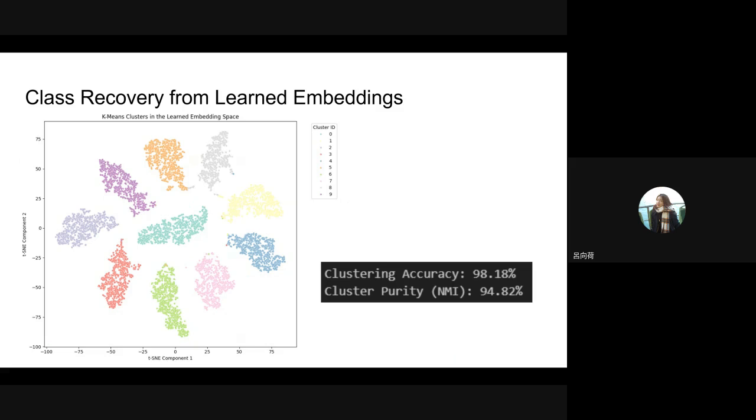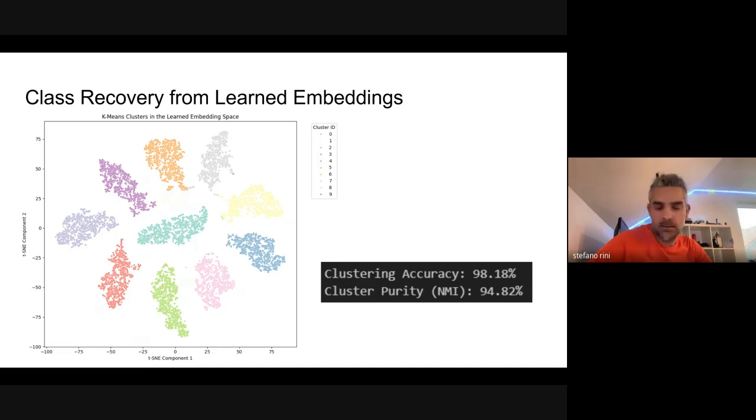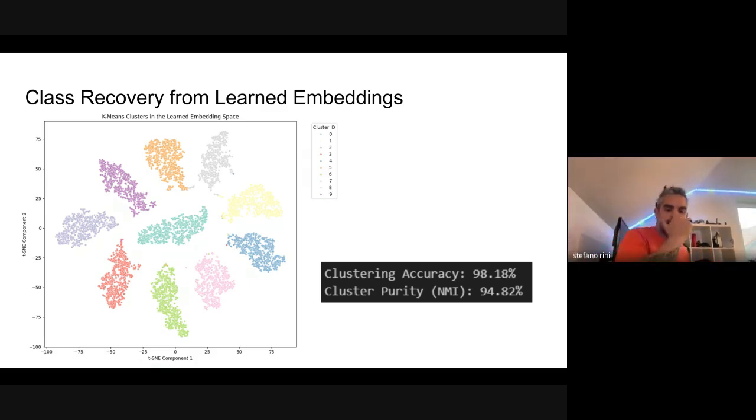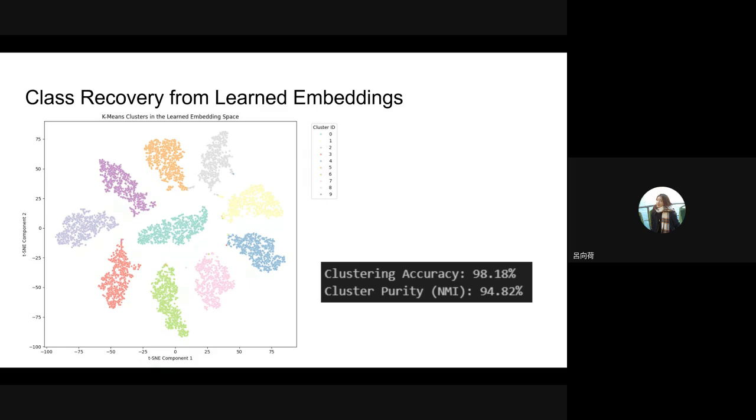Very good. And our clustering. You can tell the people what NMI is and why it matters. Just tell people what this purity is. The purity is almost 95%, and the cluster accuracy is 98%.